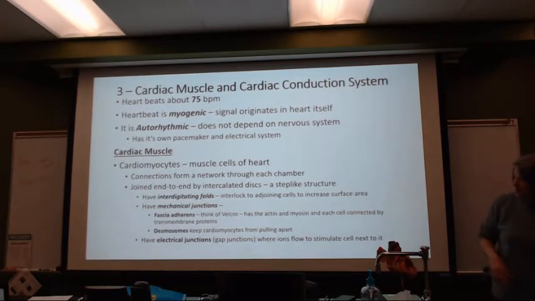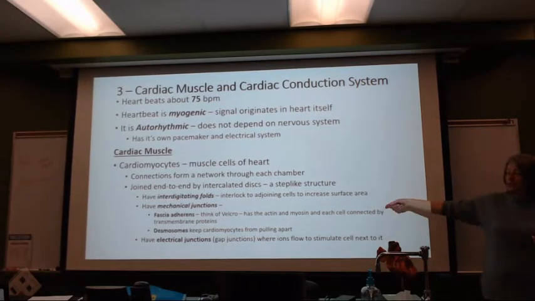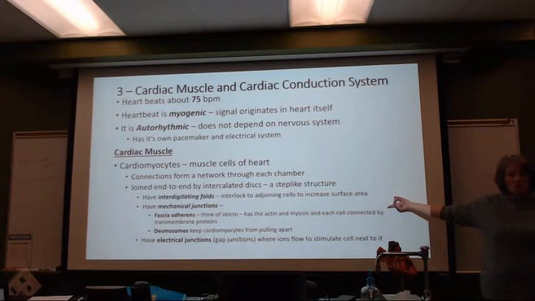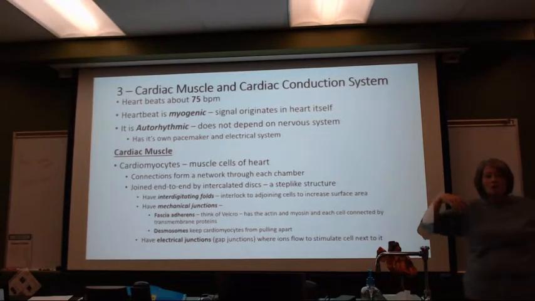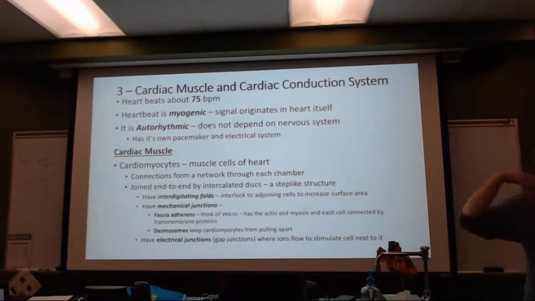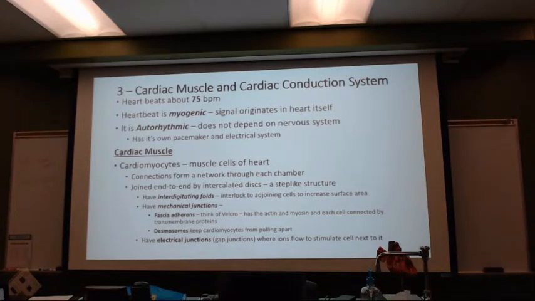In that area, we're going to have some mechanical junctions. Do you guys remember when you were talking about in part 1 cell-to-cell connections, how you had tight junctions, gap junctions, desmosomes, that sort of thing?